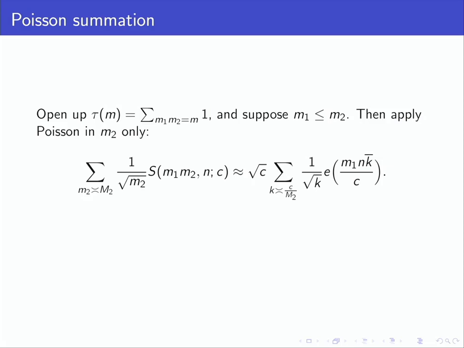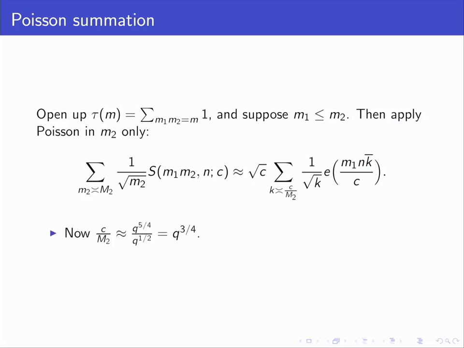I think of Voronoi as opening this and doing Poisson in m1 and m2. And let's only do Poisson in the larger variable. It turns out it's a fun calculation with finite Fourier transforms to work out how the Kloosterman sum becomes this additive character. So again, it's not a Ramanujan sum.